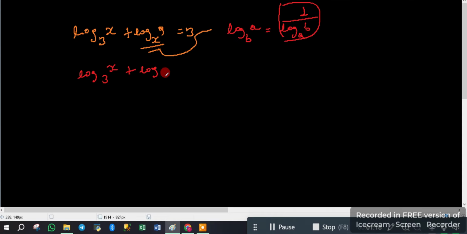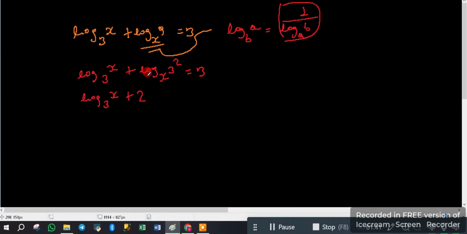this one you could first write as 9 equals 3 squared, right? Then it will be log x base 3 plus. You can move this exponent to the front based on the logarithmic relation.